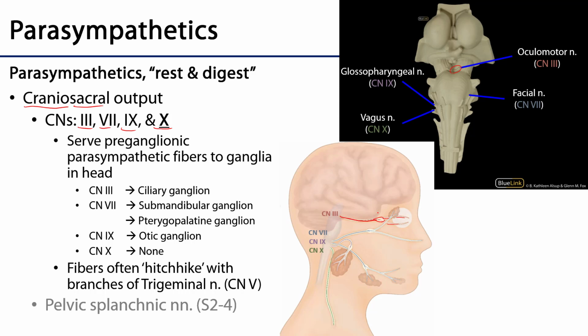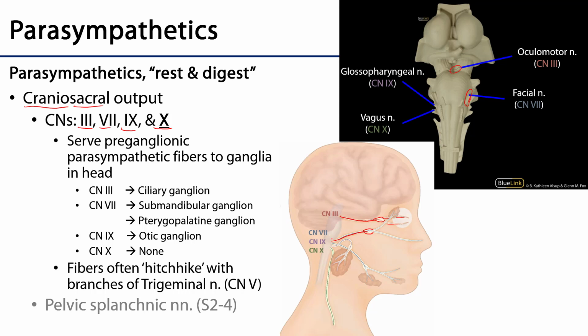Cranial nerve 7, the facial nerve, emerges from the brainstem there. And we can see that cranial nerve 7 serves 2 ganglia. There's the pterygopalatine ganglion.